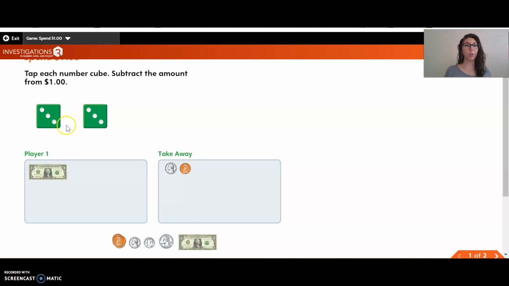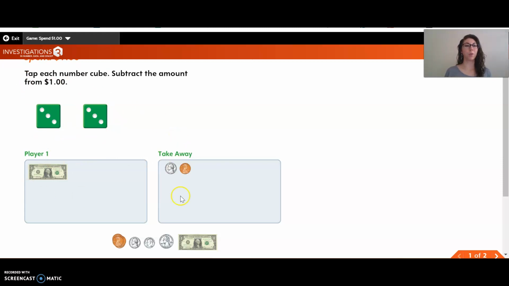Okay, now you're going to have to subtract 6 cents. That was the same number as before, but it's going to be different each time. With each round, you're always going to start with $1, and then you're going to subtract how much you rolled with the dice.